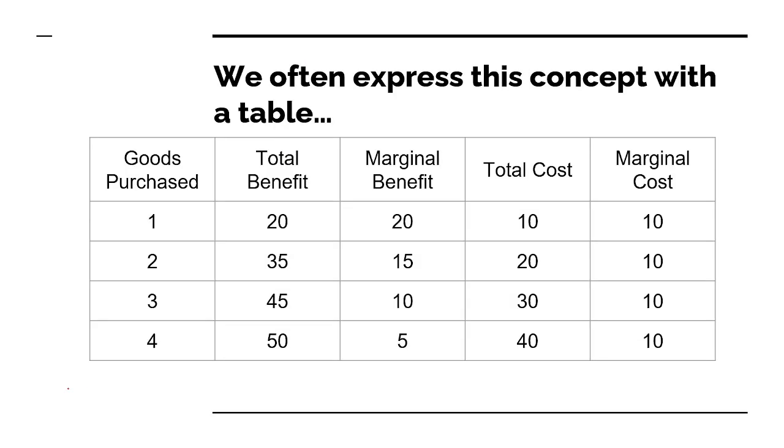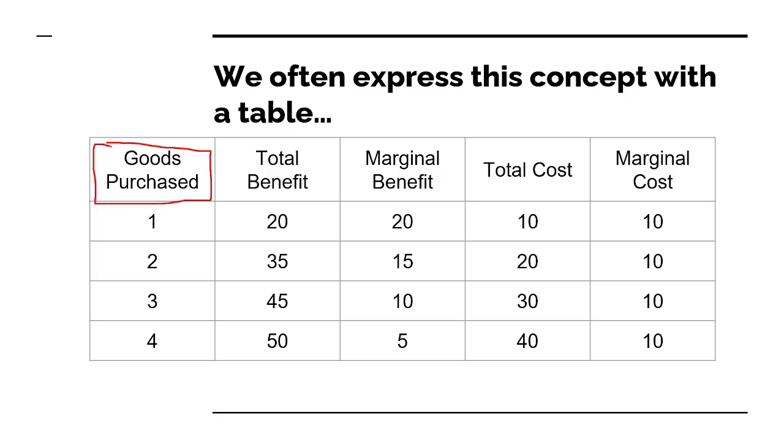So we can express this concept in economics and personal finance. We often do express this concept with a table that looks like this, right? And by the way, the tables might look different. You will typically have at least one table showing the amount of goods purchased, right?